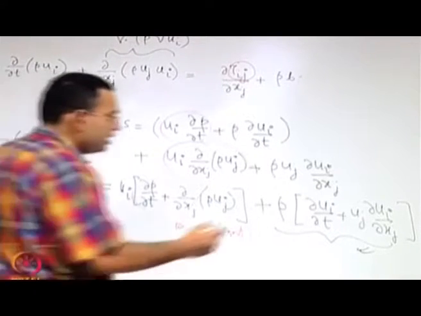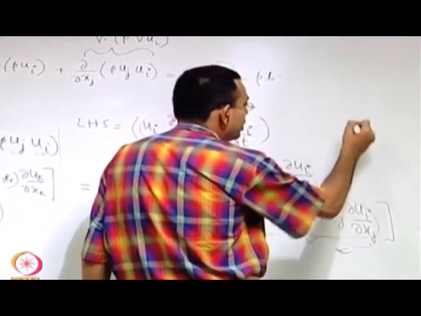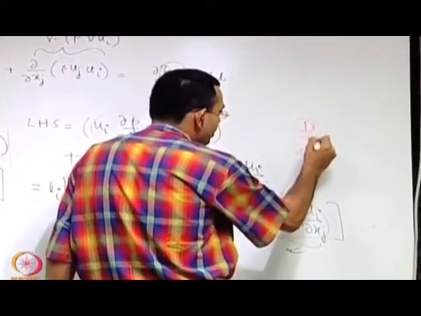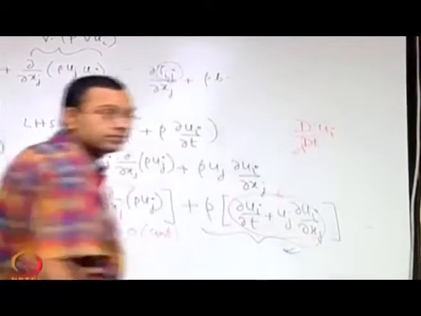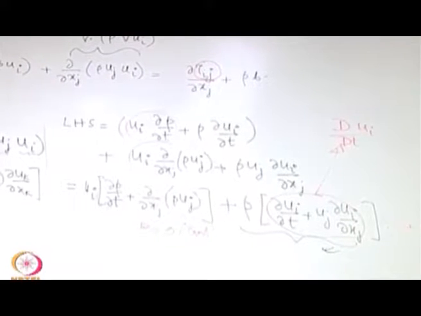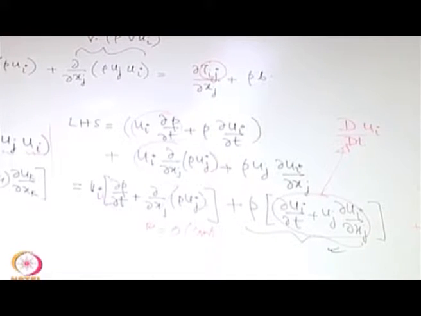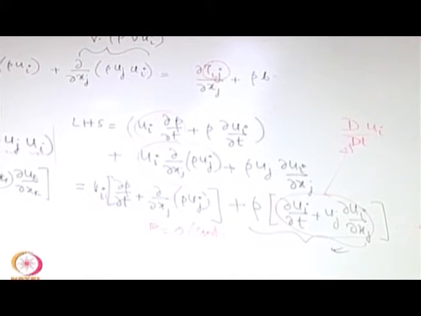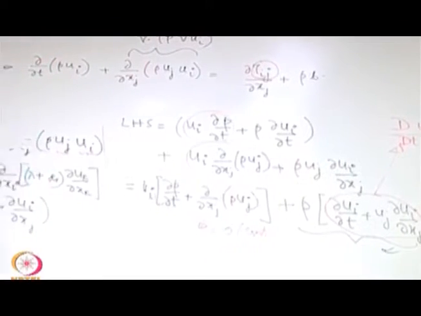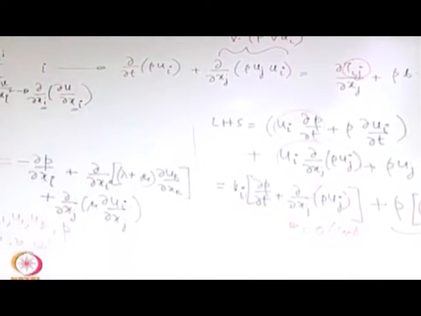And this term you can write in terms of the total derivative, capital D dt of ui, by the notation of capital D dt that we had discussed earlier. So the equation of motion may be simplified to this form, where we just change the left hand side with this simplification.